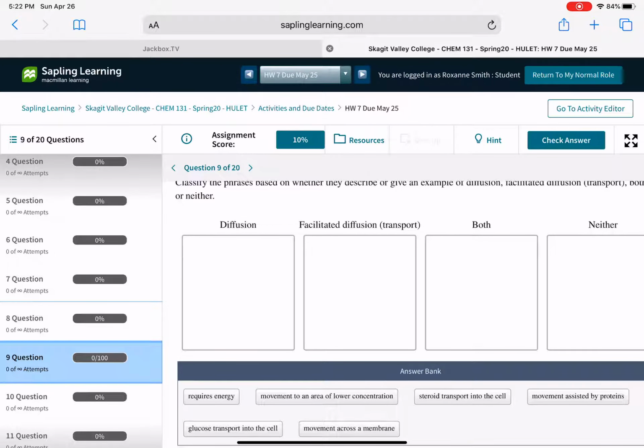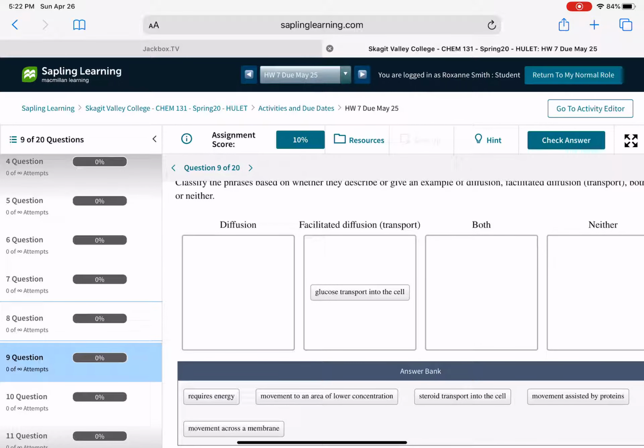Diffusion versus facilitated transport. So here when they're talking about diffusion, they mean simple diffusion. In your notes, you have simple diffusion. Simple diffusion versus facilitated transport. Some of these might be a little bit tricky. We did talk about glucose, so we know where glucose goes.